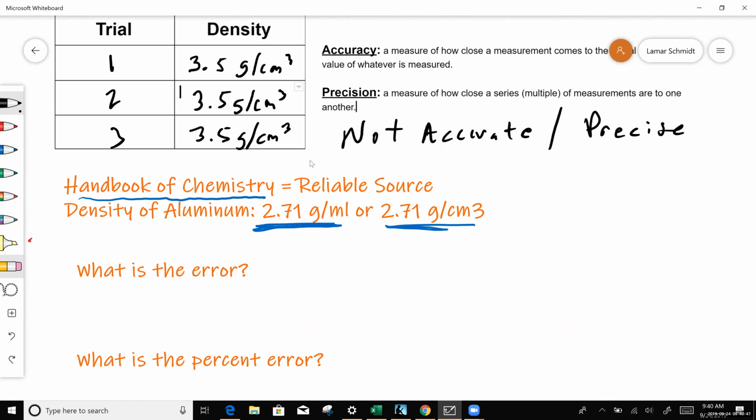What's the formula for error? Error is equal to the experimental value minus the accepted value.